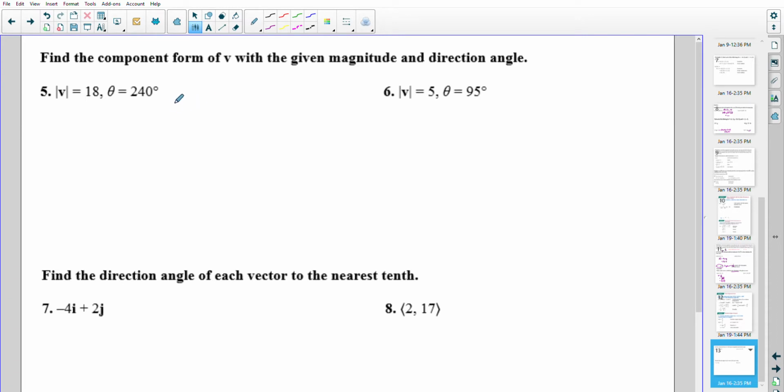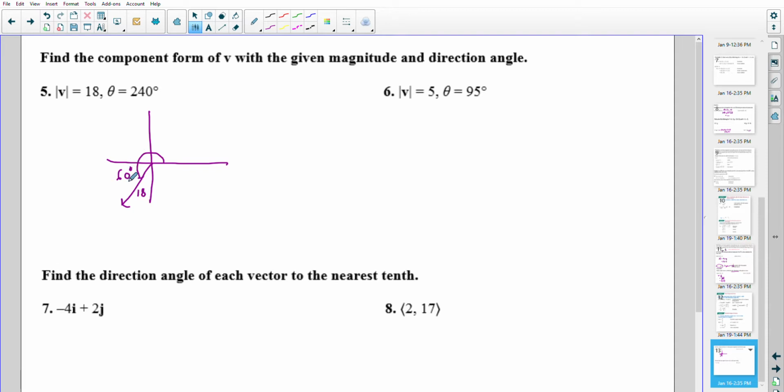The direction angle here is given, but we have to find out what the components are. So to do that, I'm just going to go ahead and graph. This is starting here, just like in standard form, at 240 degrees. So this is going to look like this. And if this is 180, that means that this is 60 degrees, and your vector is 18.